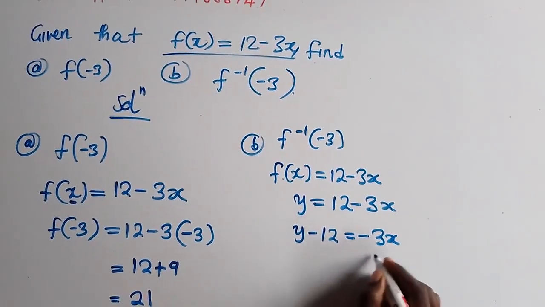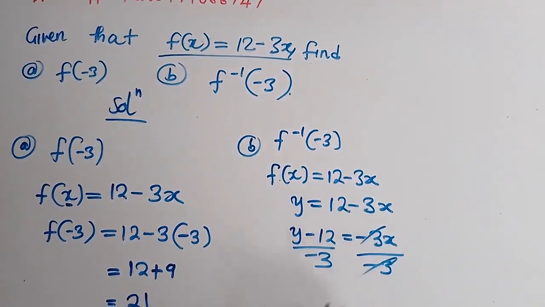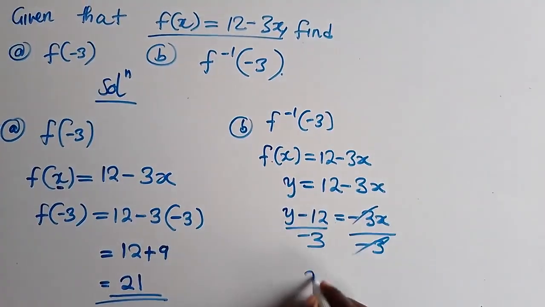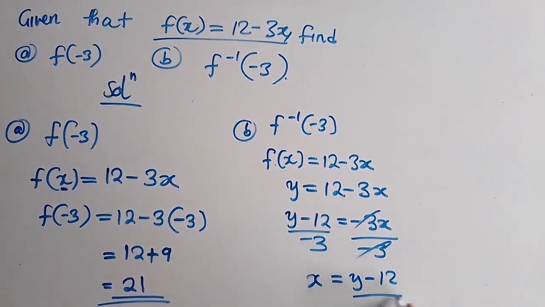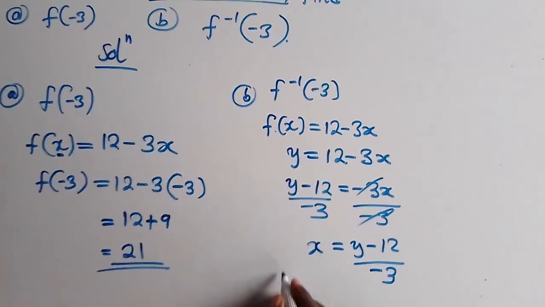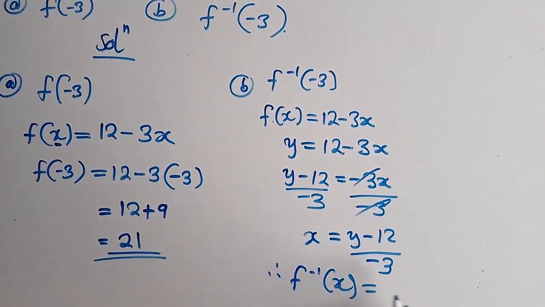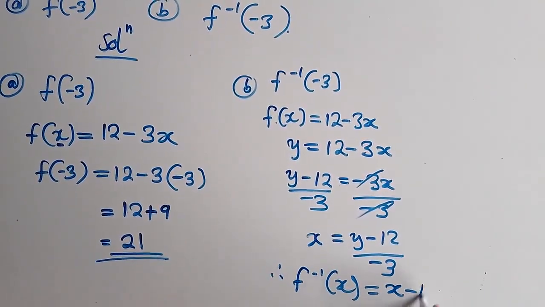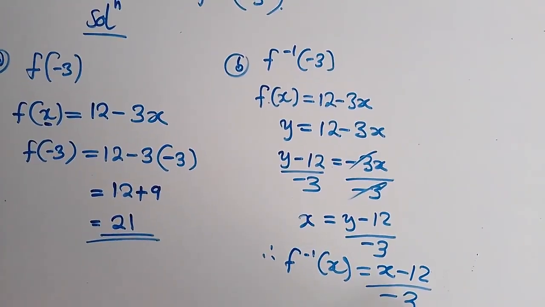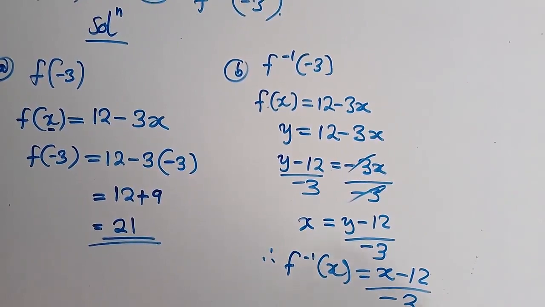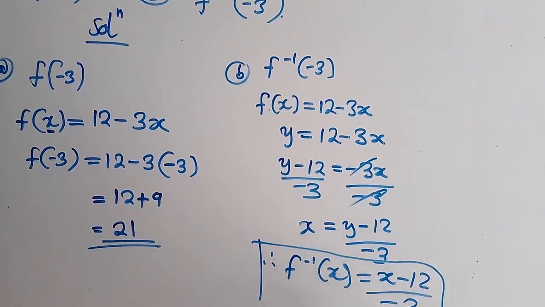Over negative 3, over negative 3. Negative 3 cancelled. You are going to remain with x is equal to y minus 12 over negative 3. So just say therefore f inverse of x is equal to x minus 12 over negative 3. This is your answer.